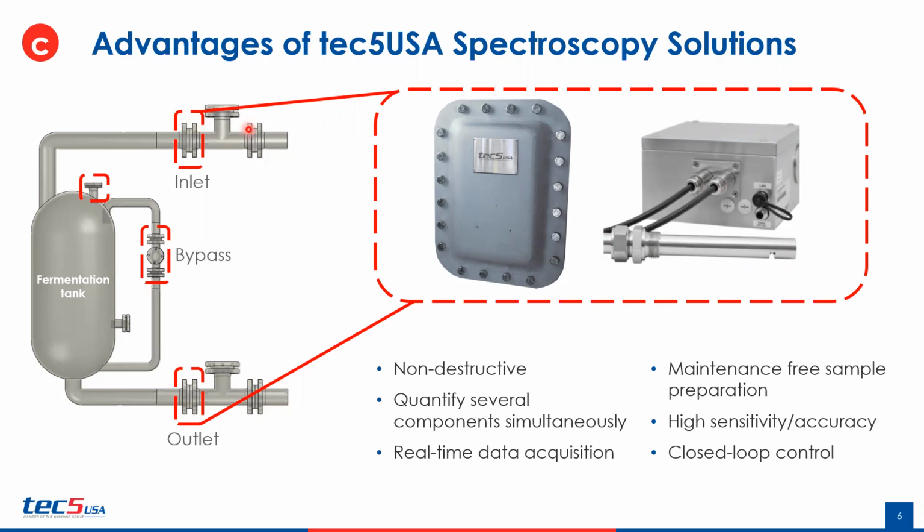If you want to monitor the incoming feedstock, you can stick this probe into this particular inlet and have real-time data acquisition. You can alternatively look at measurements directly in situ within the fermentation tank, or some bypass loop where some material is pulled from the sample and redirected back into the tank.